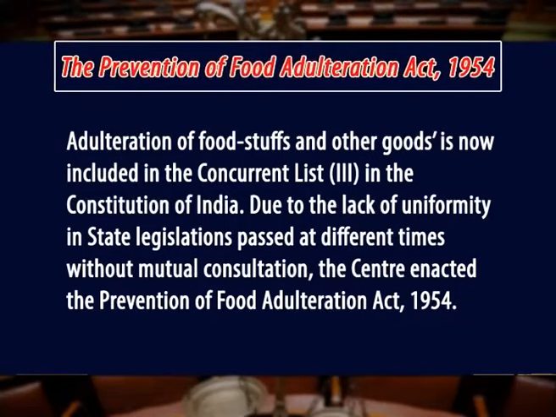Adulteration of foodstuffs and other goods is now included in the concurrent list in the Constitution of India. Due to the lack of uniformity in the state legislations passed at different times without mutual consultation, the Centre enacted the Prevention of Food Adulteration Act 1954.